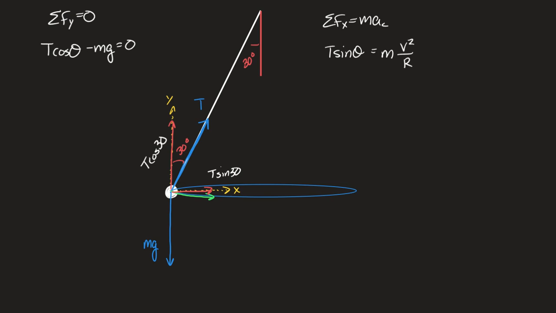Now, there's several things that have to be done here. But if we're eventually trying to figure out the period of rotation, then we're probably going to need to use something like this to figure out the period of rotation. It's not the only way to do it, but it's the likely way to do it, which tells me I'm going to need to have the velocity.